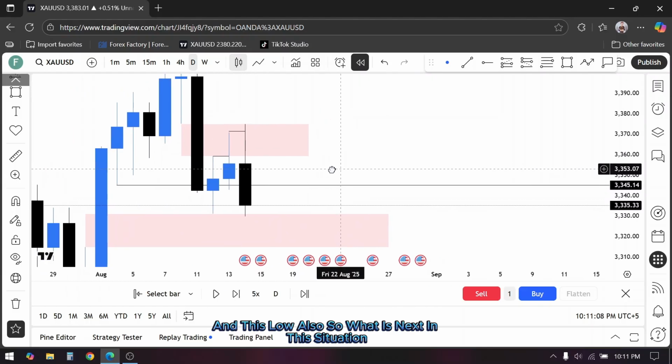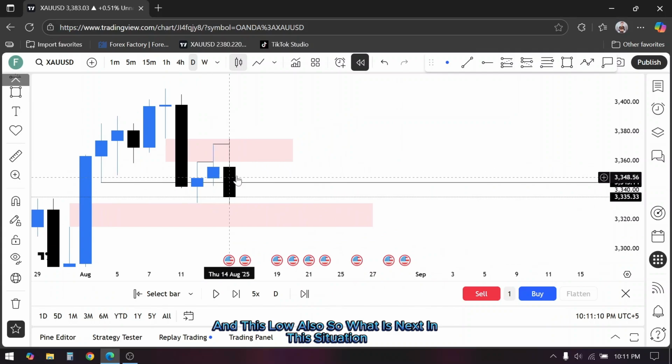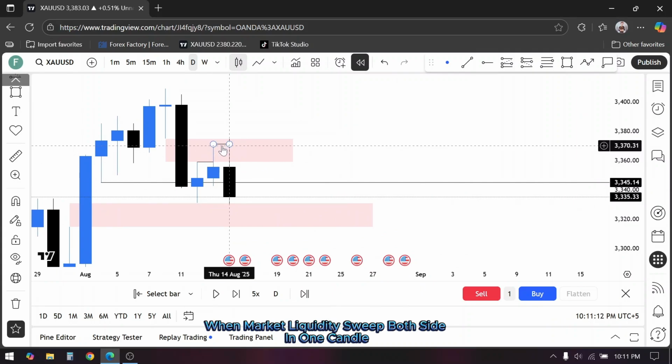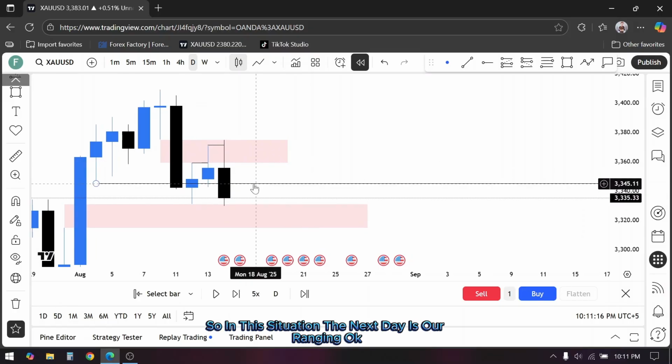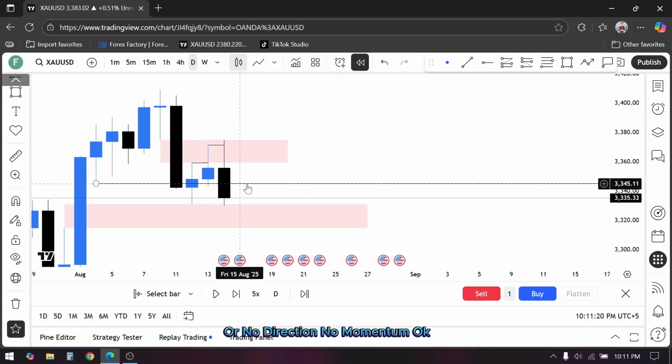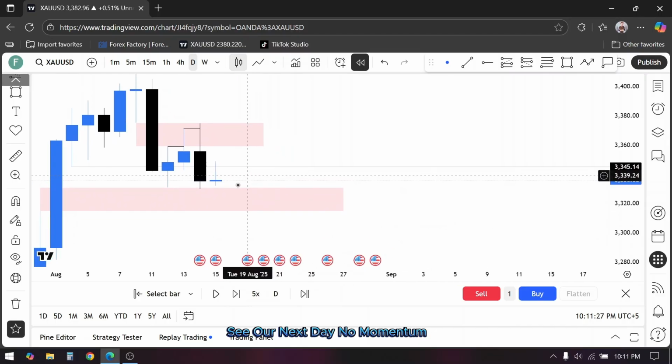So what is next day? In this situation, when the market liquidity sweeps both sides in one candle, the next day is our ranging. Okay, or no direction, no momentum.